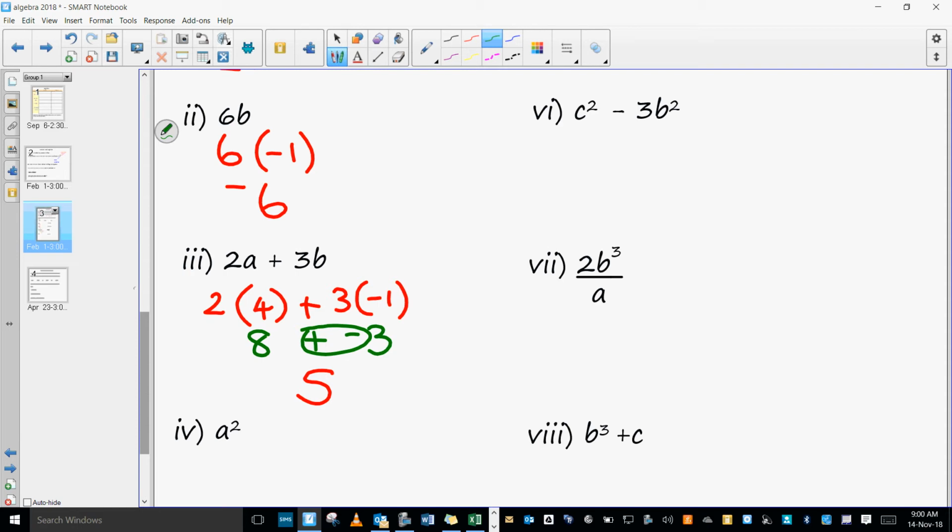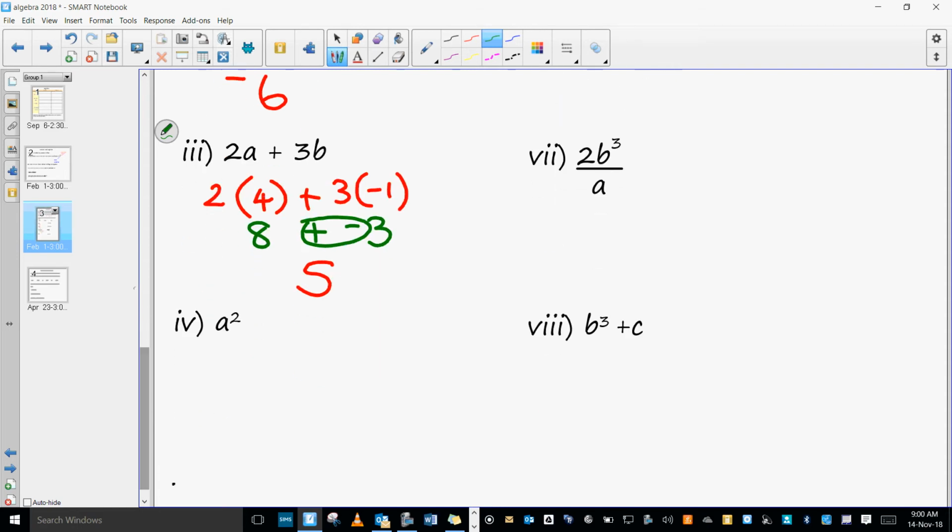Okay, a squared. What am I going to write here, Georgie? In brackets. Thank you, Kaya. Good girl. And we all know where our squared button is on the calculators.